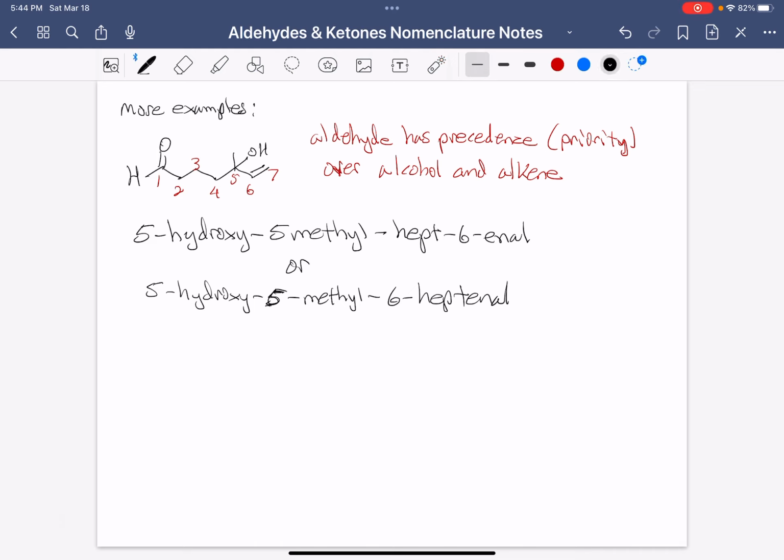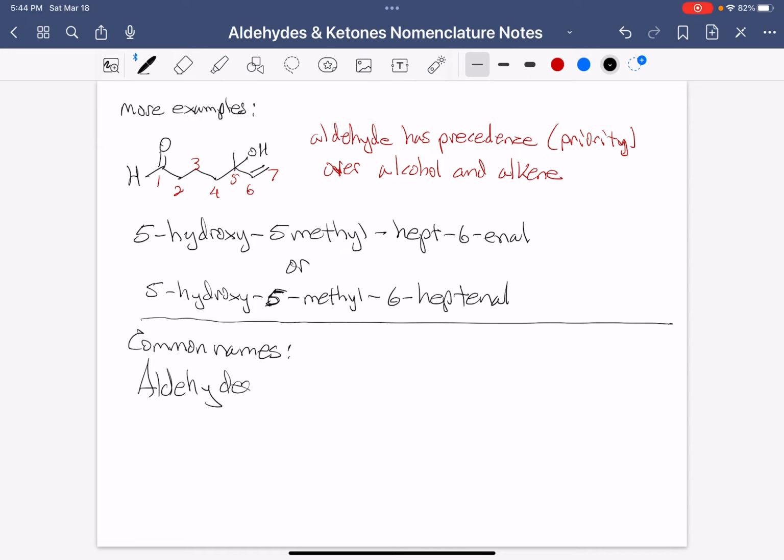So there's a few other things I wanted to mention. That is a few common names. So for aldehydes, we have the simplest aldehyde, which would be methanal, is known as formaldehyde.